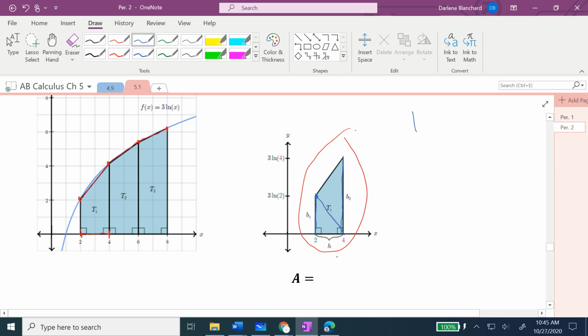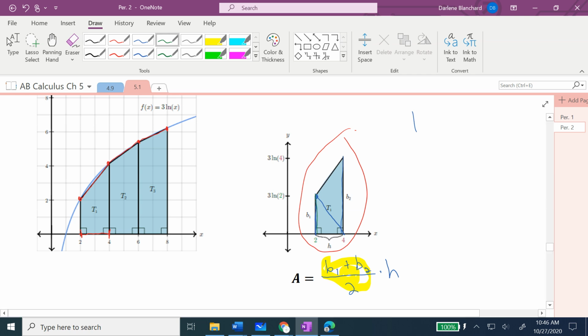And the area formula of a triangle is the base times the height divided by 2, plus the area of the other triangle, its base times the height divided by 2. Or you can look at it as the average of the bases being multiplied by the height.